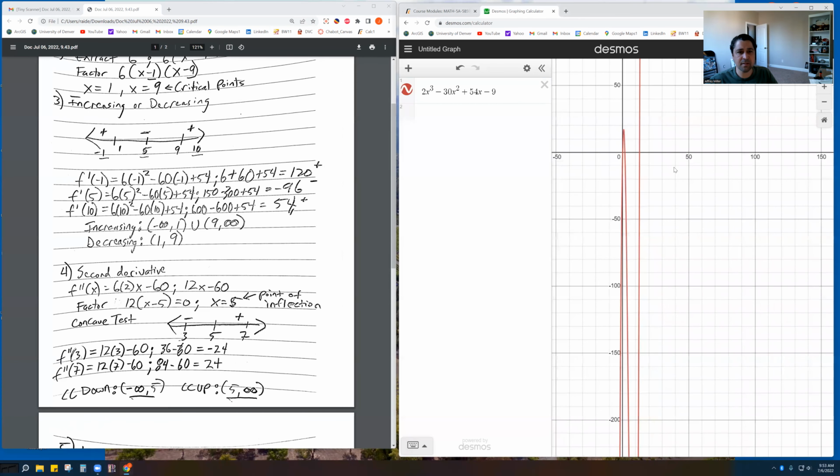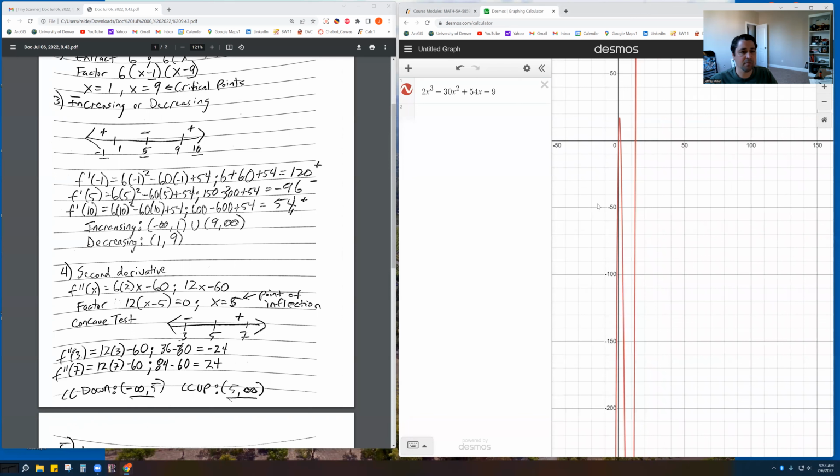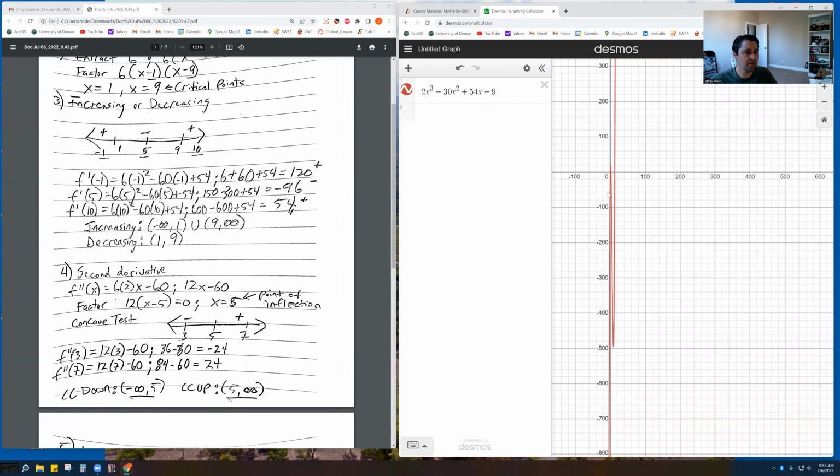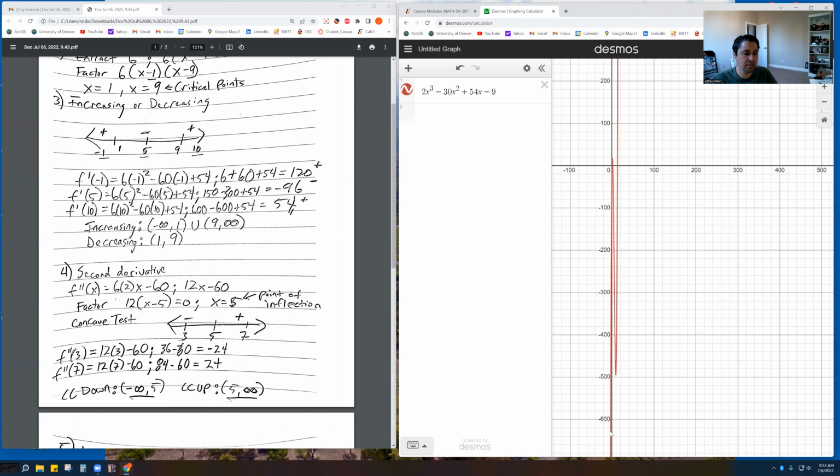The graph is a bit sharp, but if I zoom out, we can see the increase up to 1, then the decrease in this direction. This point in the x should be 9, and it is. Then the graph continues to increase up into positive infinity.